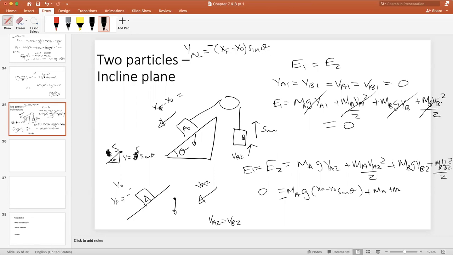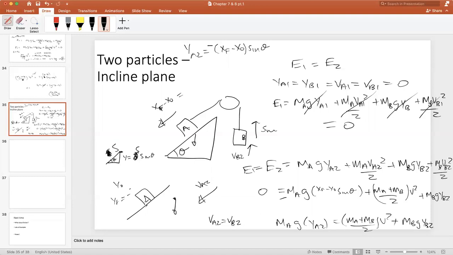MA plus MB over 2 V squared plus MBGYB2, and we know that that's 5 meters or whatever. So this being negative moves over, and what you get is MAG, I'm going to call this YA2, is equal to MA plus MB all over 2 times V squared plus MBGYB2.